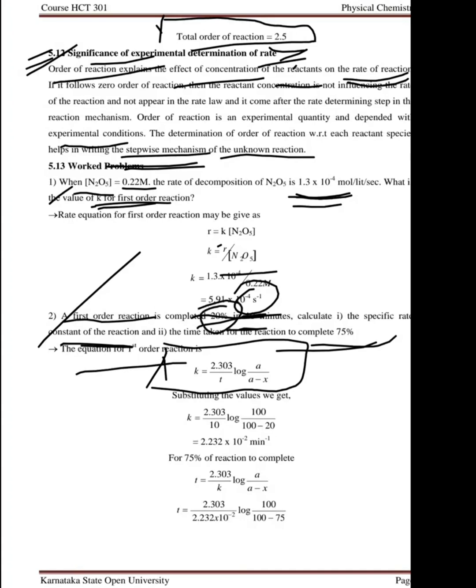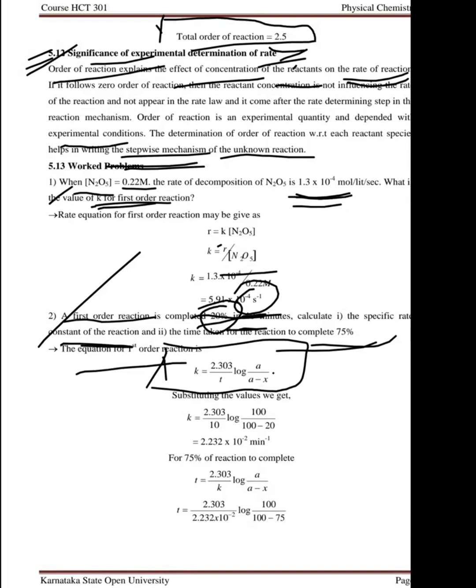So 100 minus 20, the remaining is 80%. See, this x is nothing but the product formed.